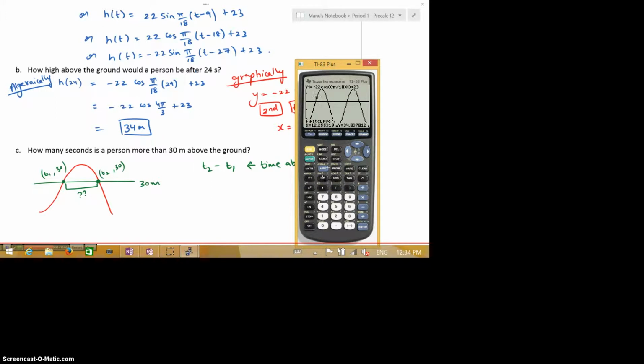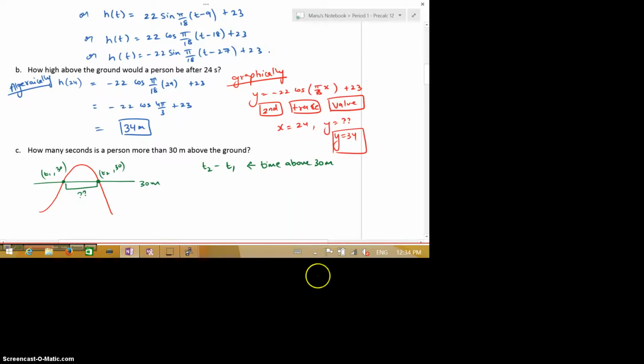Once you're at the first point of intersection, you're going to press enter 3 times. Once, twice, 3 times. And you're going to get the x value. So y is going to be 30 when the x value is 10.8553. So my first point is 10.8553, 30. That's the first point.